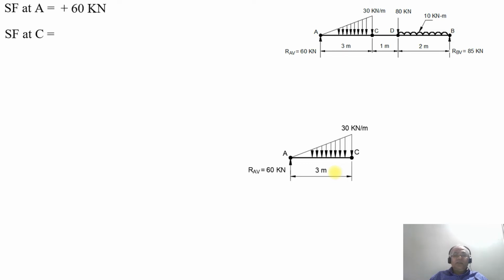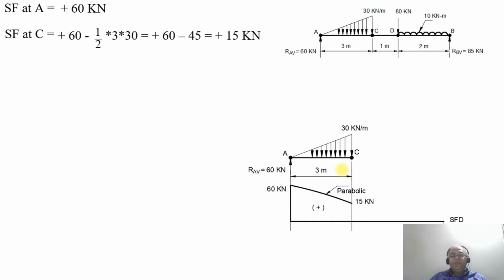Between A and C, or at C itself if you are considering it, it will be plus 60 minus the area of the triangle. Since the load is acting downwards, it becomes negative: minus half into 3 into 30. So you get plus 60 minus 45, which is equal to plus 15 kilonewton.